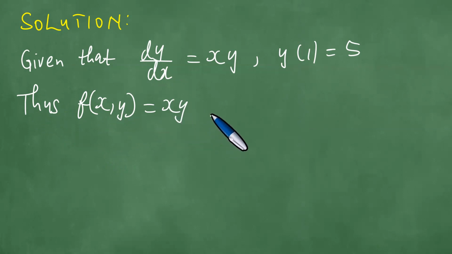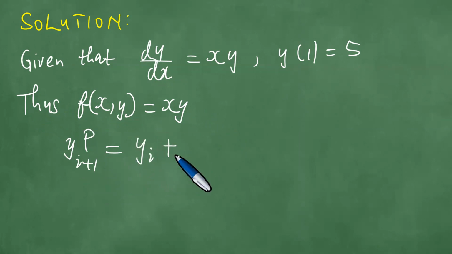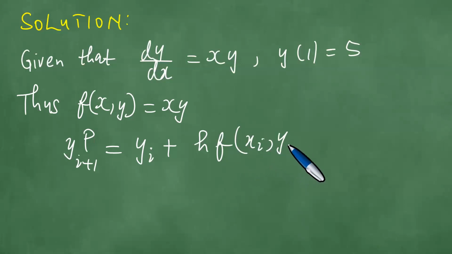It means that y at i+1 is y_i plus h f(x_i, y_i), the predictor, and also the corrector follows.